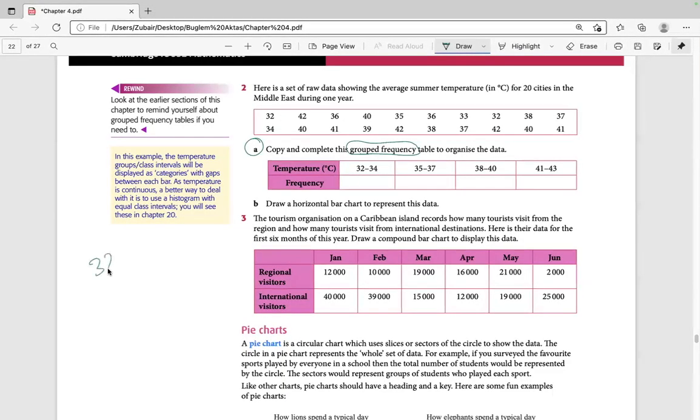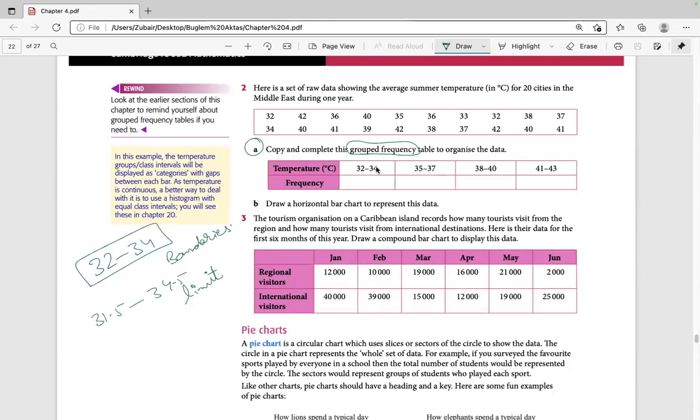When we are talking about 32 to 34, these are limits. And when we talk about 31.5 to 34.5, these are boundaries. We will go into detail in the next few chapters. This is when we don't have a gap between them.